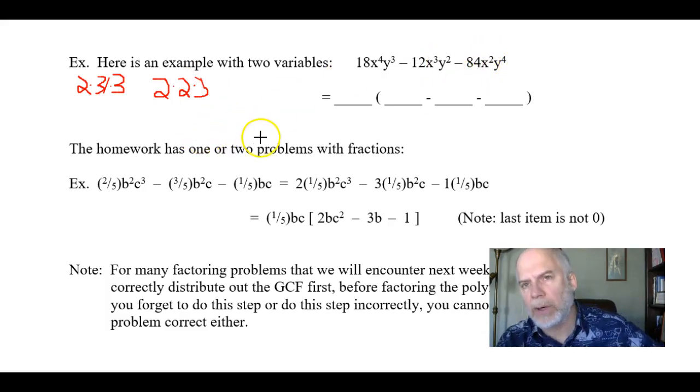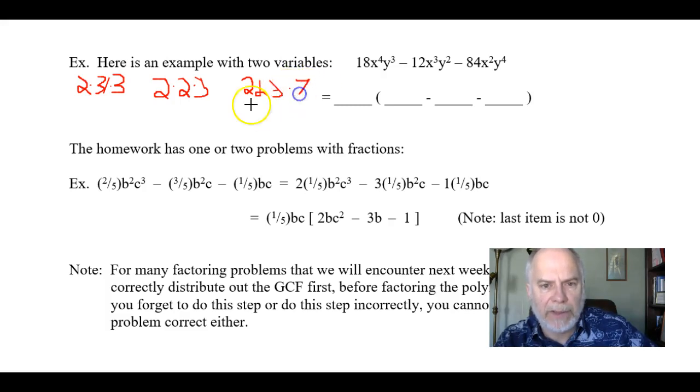Now 84 is 12 times 7. And so 12 would give us the 2 times 2 times 3. And then you also have a factor of 7. So 2 times 2 times 3 times 7.